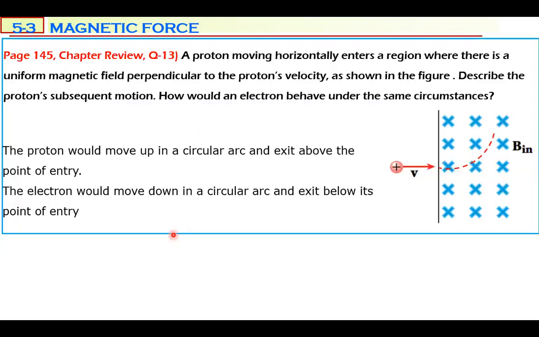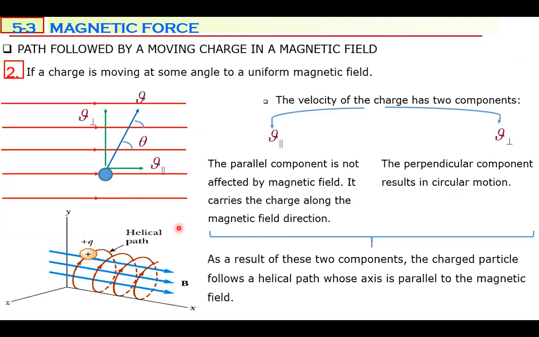All right. Then, if the charged particle is not moving perpendicular to the magnetic field, if it makes some angle to the magnetic field lines like this one, velocity has two components. One component is parallel to the magnetic field lines. The second component is perpendicular to the magnetic field lines.